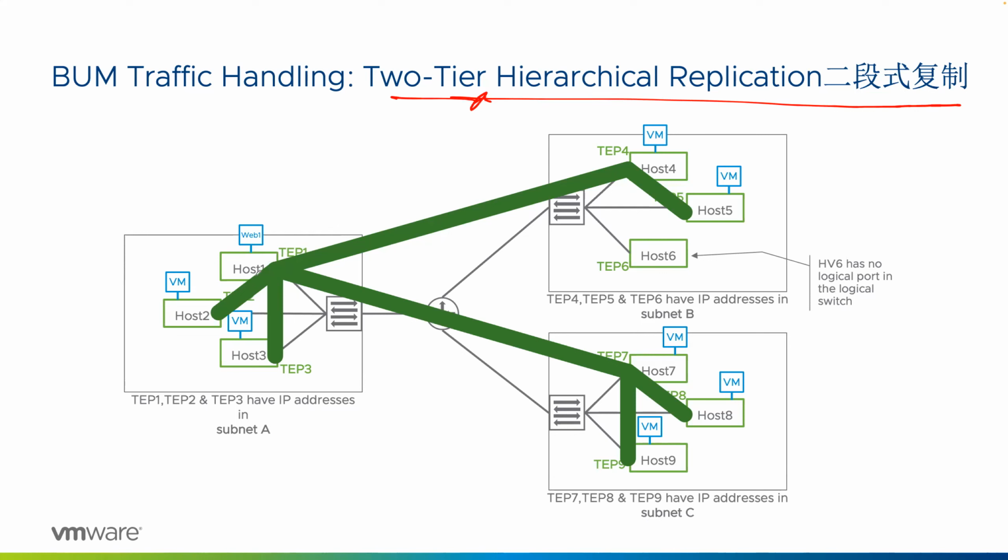If we look at this physical topology, we have a physical router here, and then we have 3 subnets: subnet A, subnet B, subnet C. To facilitate the whole replication process, we can use the 2-tier replication method.